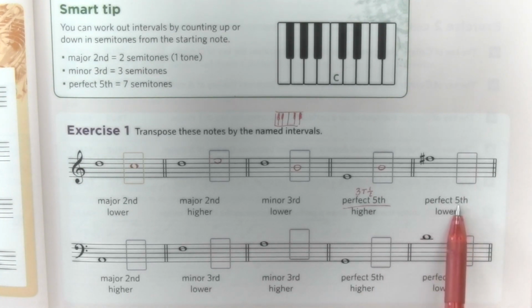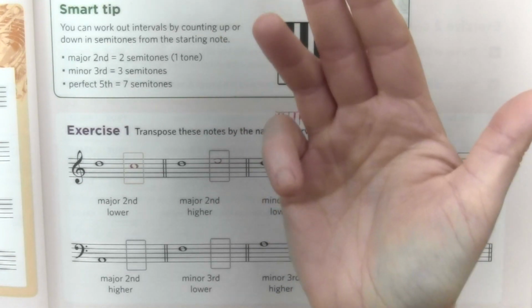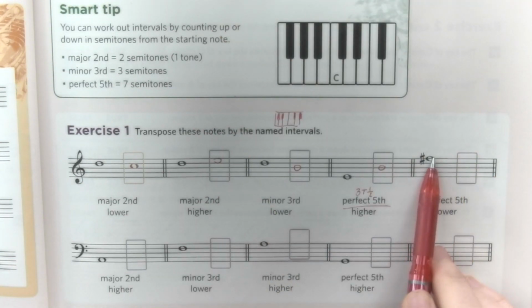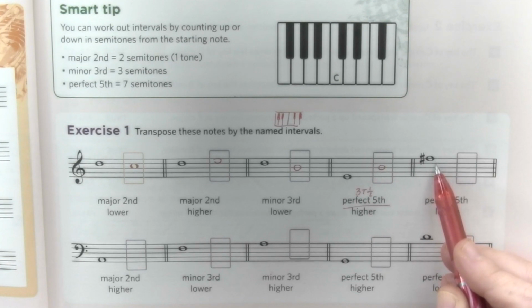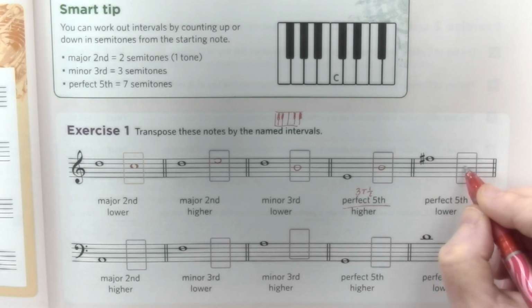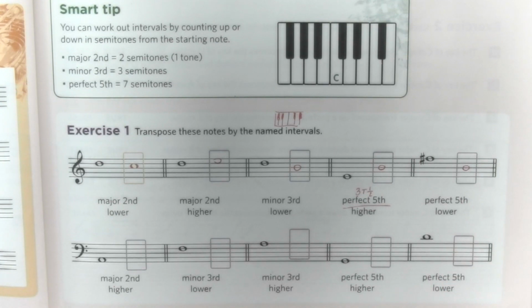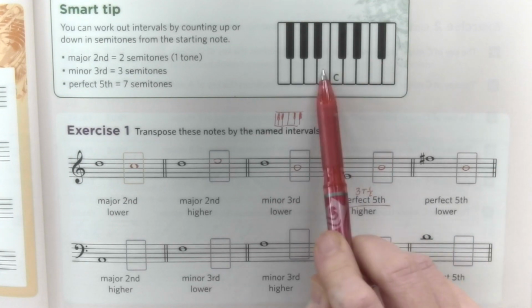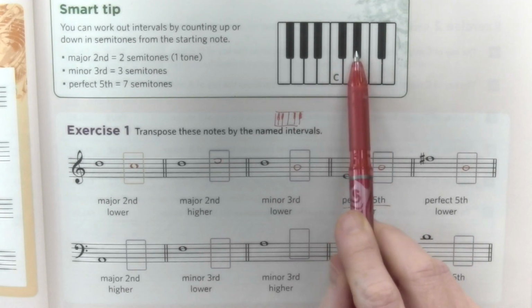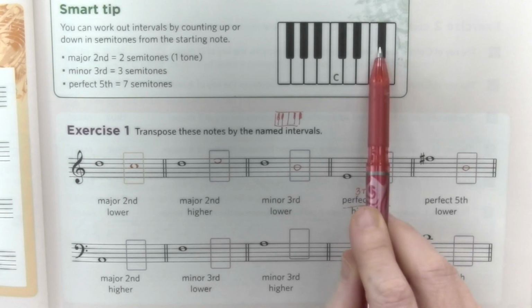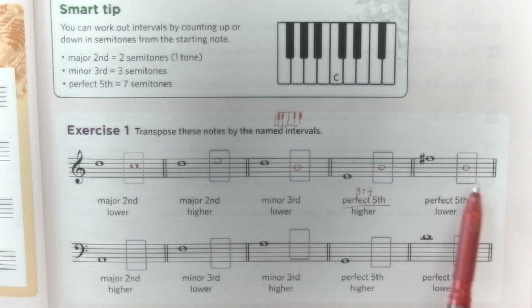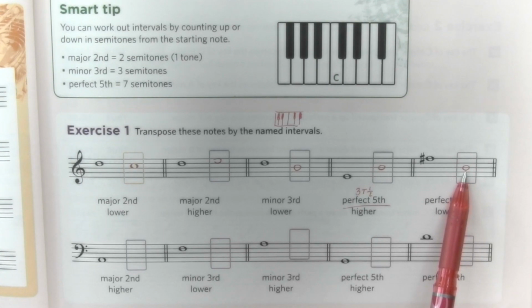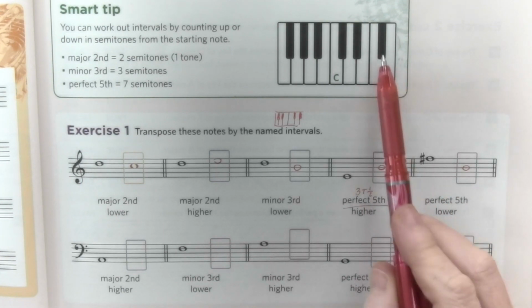A perfect fifth from fa sharp to a lower note, let's count, fa, mi, re, do, si, another B. So fa, 1, 2, 3, 4, 5. Now, between fa sharp and B, let's count now 3 tones and a half down.